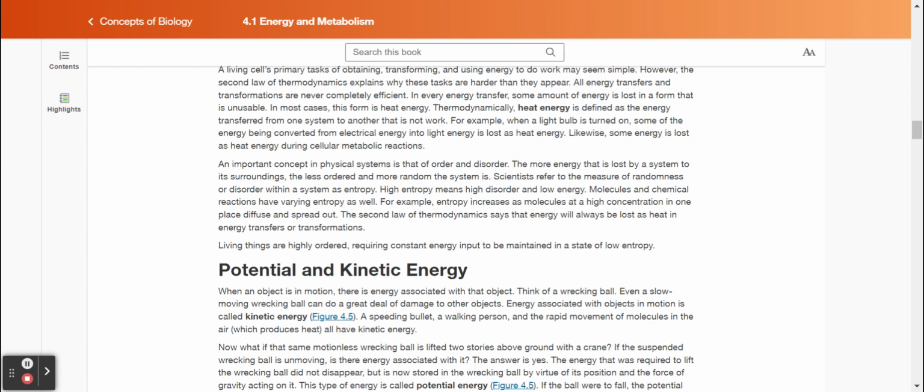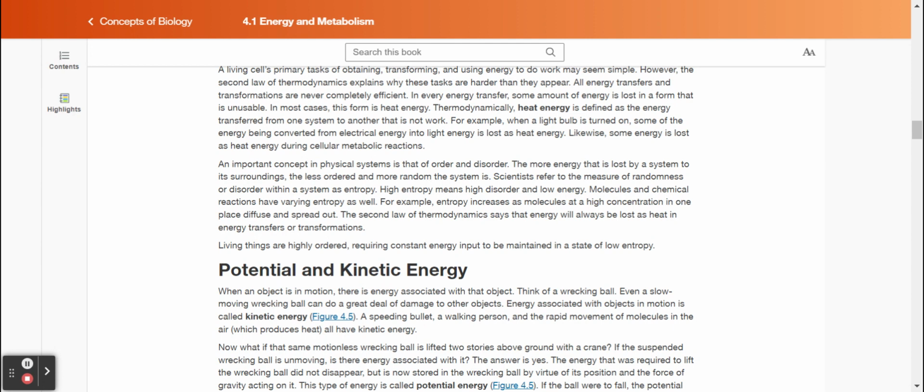Thermodynamically, heat energy is defined as the energy transferred from one system to another that is not work. For example, when a light bulb is turned on, some of the energy being converted from electrical energy into light energy is lost as heat energy. Likewise, some energy is lost as heat energy during cellular metabolic reactions.